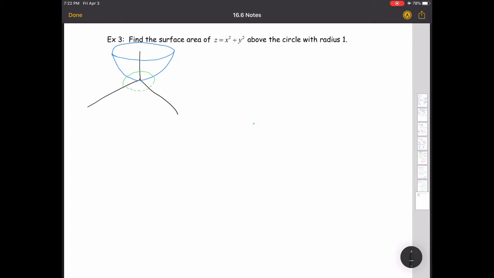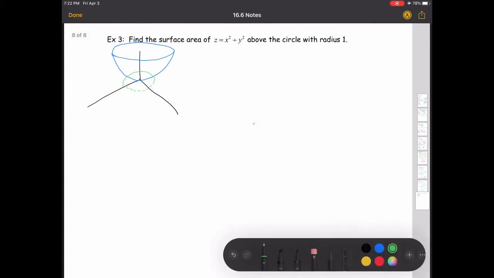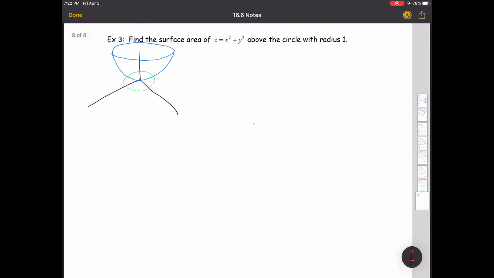So if we project this up, we're really only talking about finding the surface area of maybe this part of our bowl and everything below that red line. We're not talking about the rest of it, just what projects down within that one area. So that's what we're looking at.